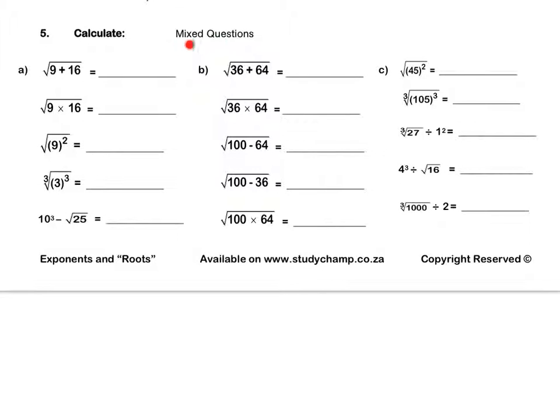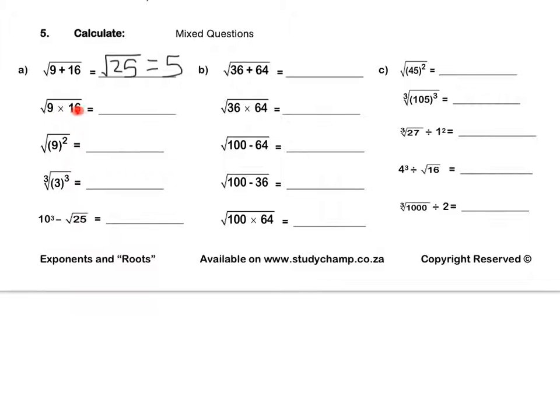Question 5, mixed questions. Let's do these two together. This plus separates the two terms, so we must first keep our square root sign. 9 plus 16 is 25. Now the square root of 25 is 5. The one directly beneath it, the multiplication does not separate the two terms.